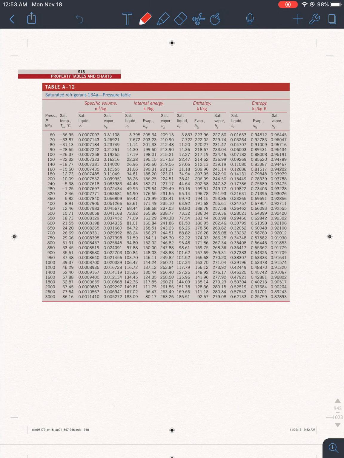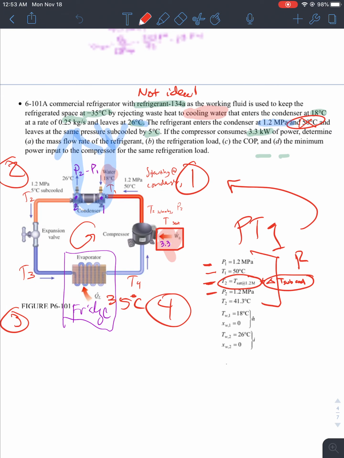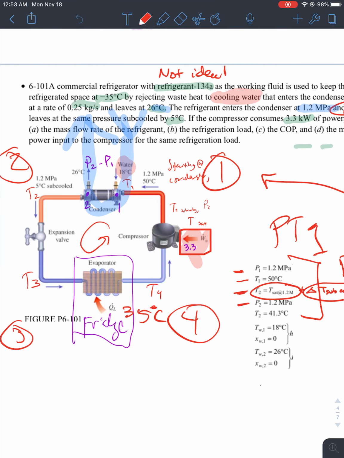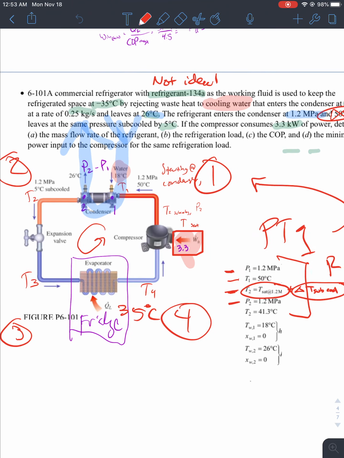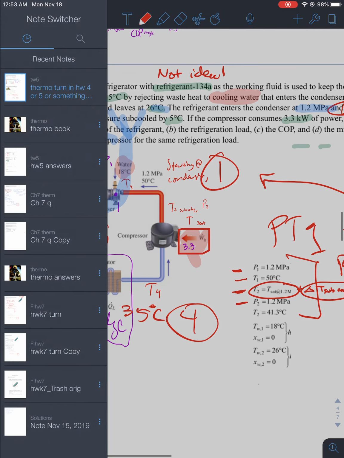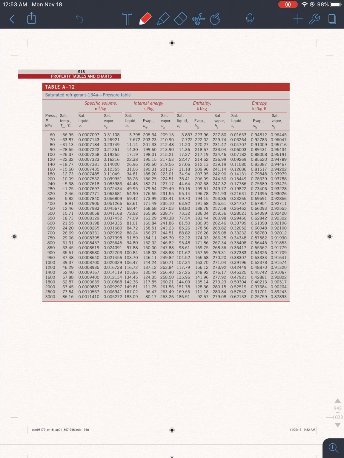at 1200 kilopascals. Is it 120, or is it 1200? 1.2 megapascals is 1200 kilopascals. Where is it? Look around here on the table. This is saturated refrigerant.